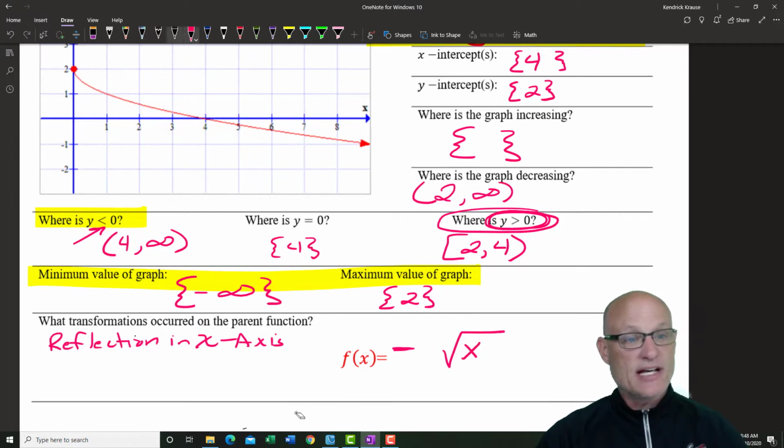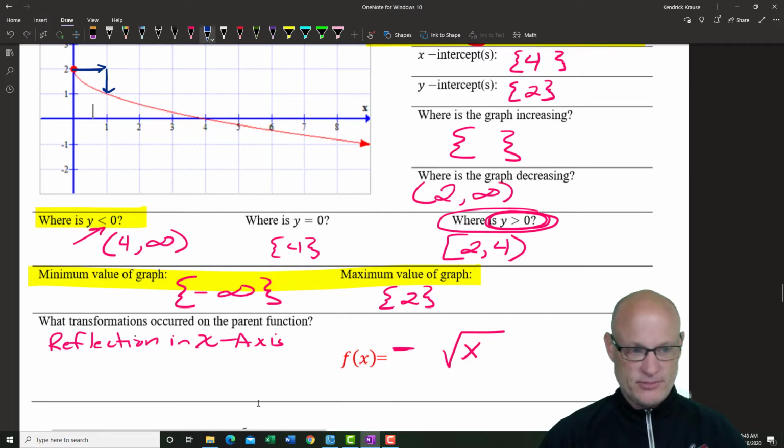So what I do to test for a dilation is I say, okay, I'm going to go 1 to the right. Always go 1 to the right or 1 to the left, doesn't matter. And then I'm going 1 down. Now, if that went 2 down, I'd have a dilation of 2. If it went 3 down, I'd have a dilation of 3. I don't care down or up. The negative is the up or down. This went right 1, down 1. No dilation.